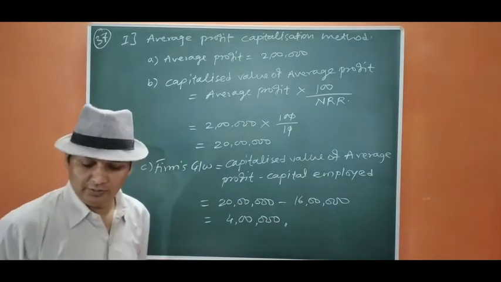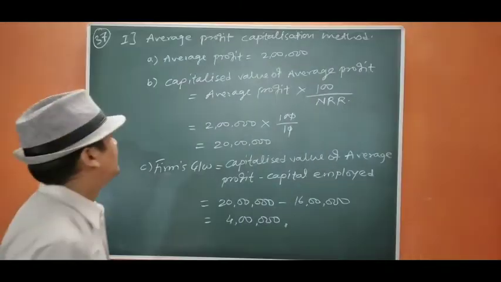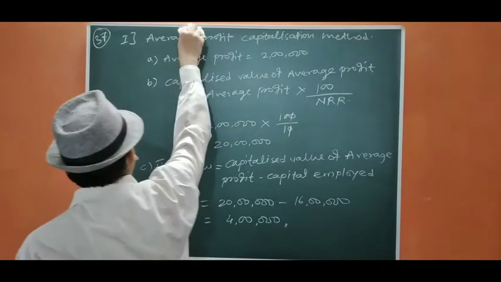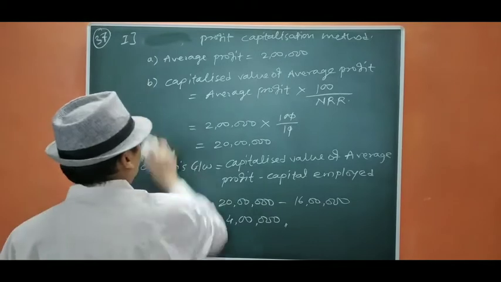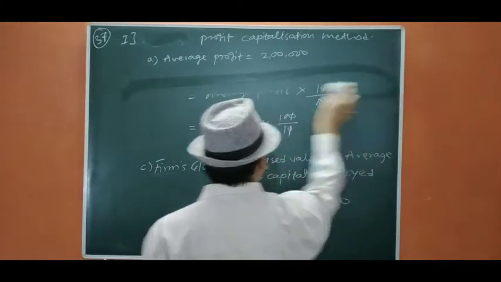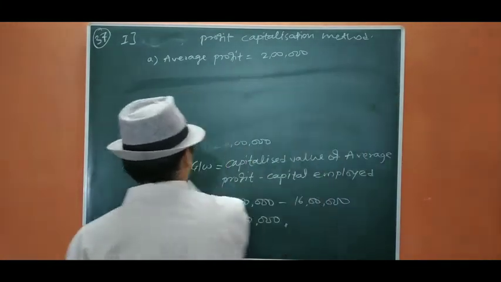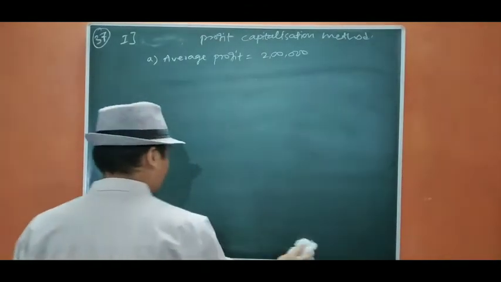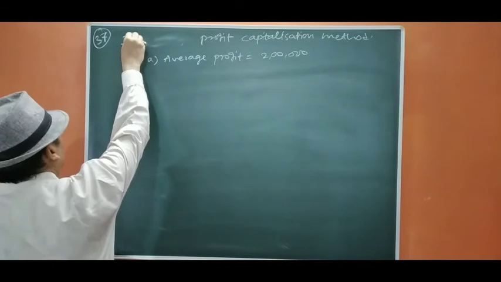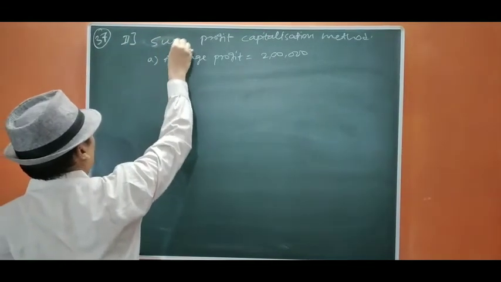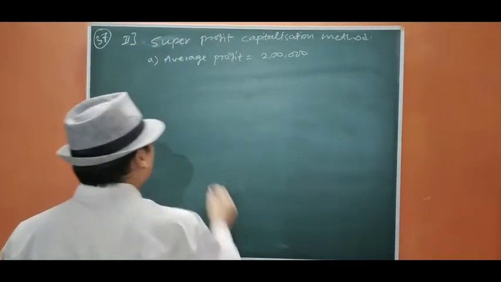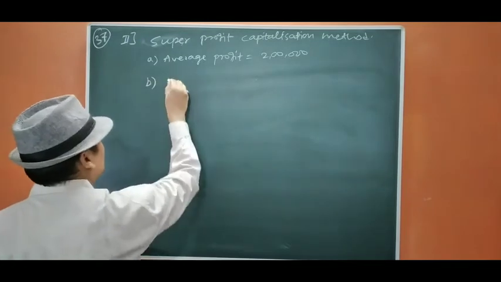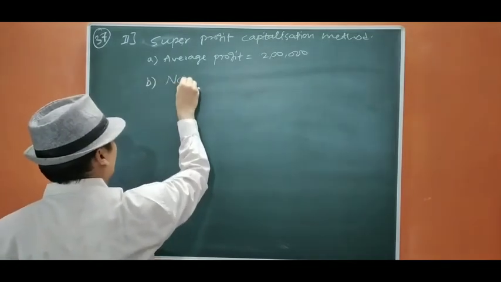Now we are going to use our second method, that is super profit capitalization method. Second method, super profit capitalization method. In that, B, now we are going to find out the normal profit.